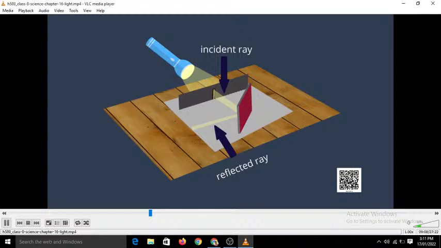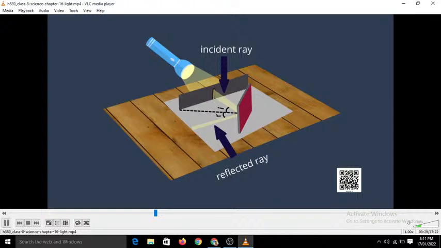Mark them as shown and also draw the normal. Now recognize the angle of incidence and angle of reflection and mark them on paper. Measure these angles by using a protractor.